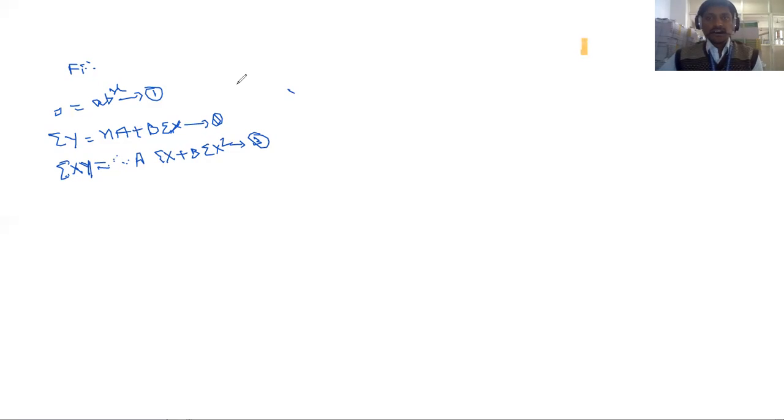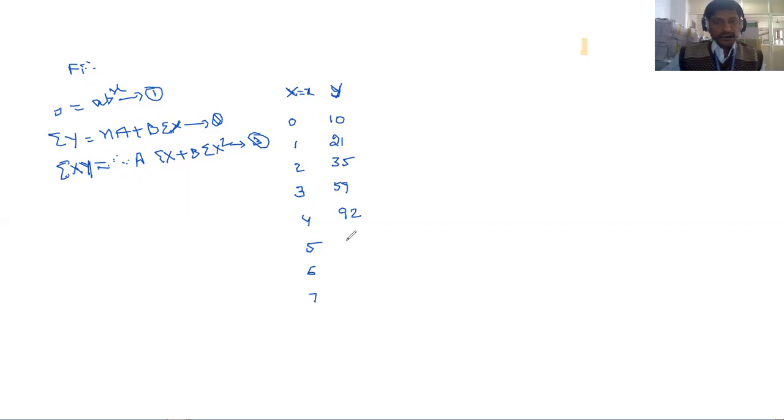The x values are 0, 1, 2, 3, 4, 5, 6, 7, and the y values they give are 10, 21, 35, 59, 92, 200, 400, and 610.